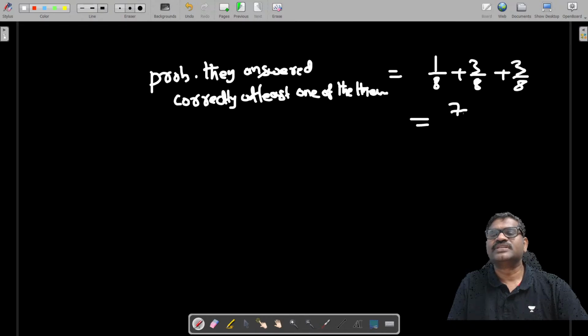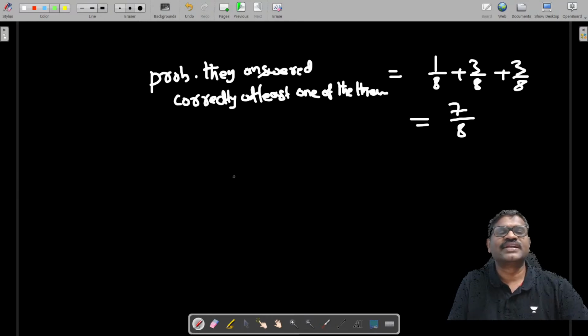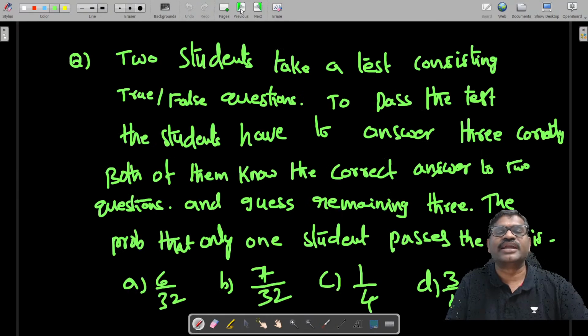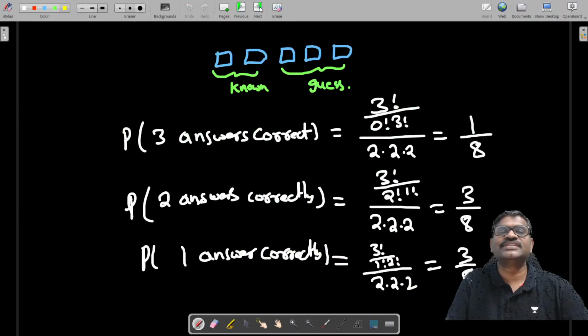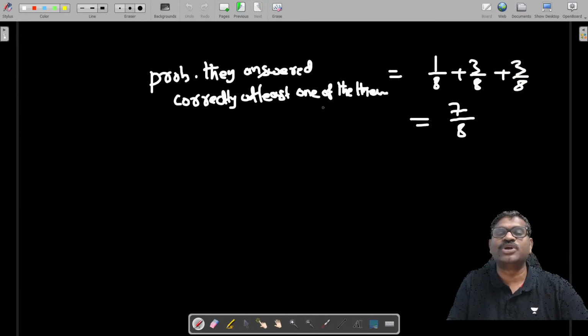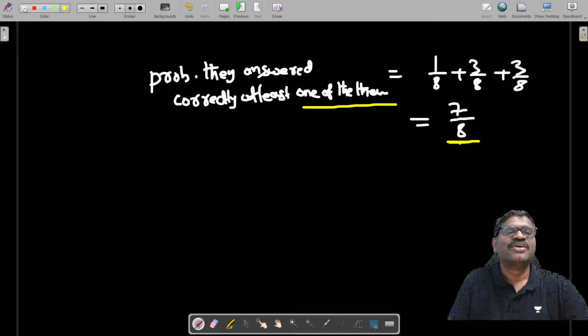That is 7 by 8. This is not the answer. What we have to calculate is the probability that only one student passes the test. You have calculated the probability that the student passes the examination. Okay? Passing chance is 7 by 8.